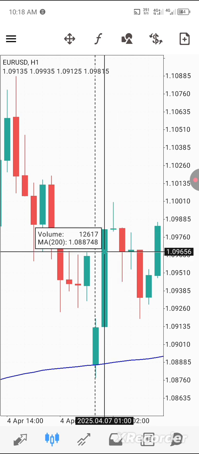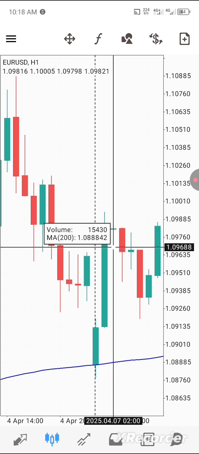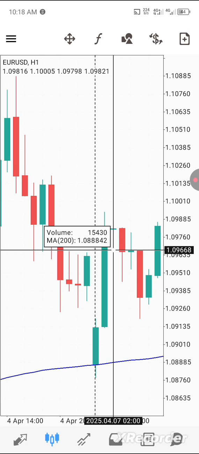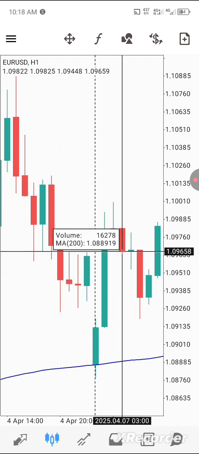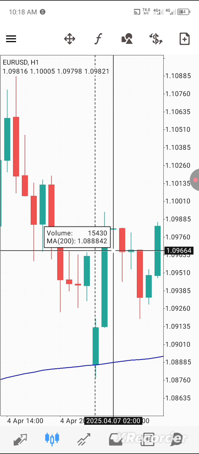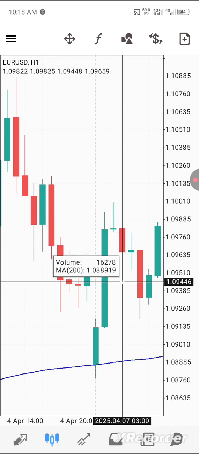These three candles, the long green, the small one, and the red, are called an evening star. An evening star candlestick indicates a bearish trend, which means a downward trend.